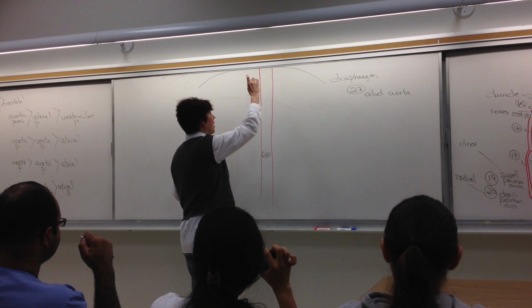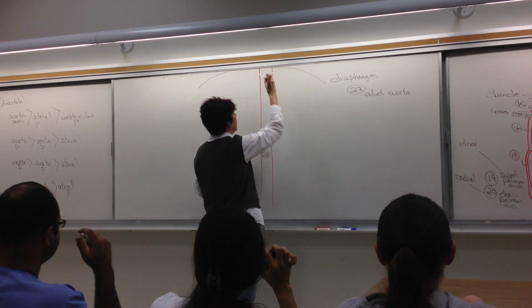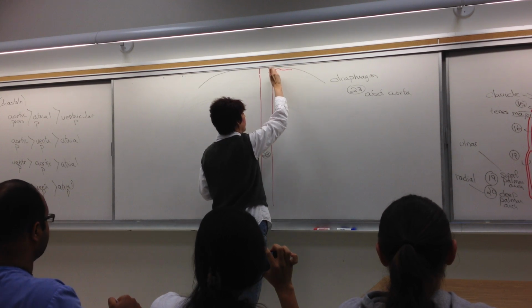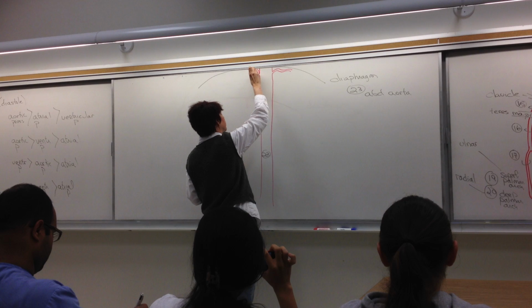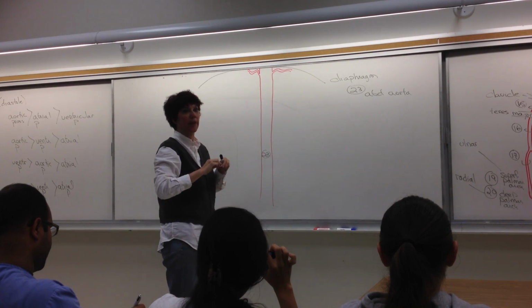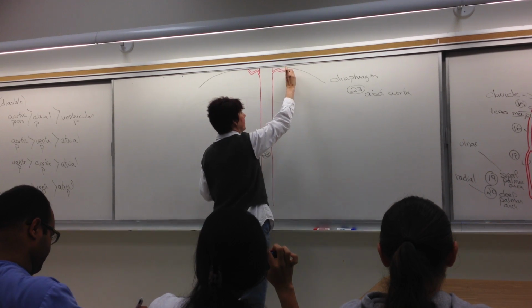And the first branch off of the aorta comes up quite high. And these vessels go onto the surface of the diaphragm. What's the name of the nerve that supplies the diaphragm? Phrenic. This is the inferior surface of the diaphragm.